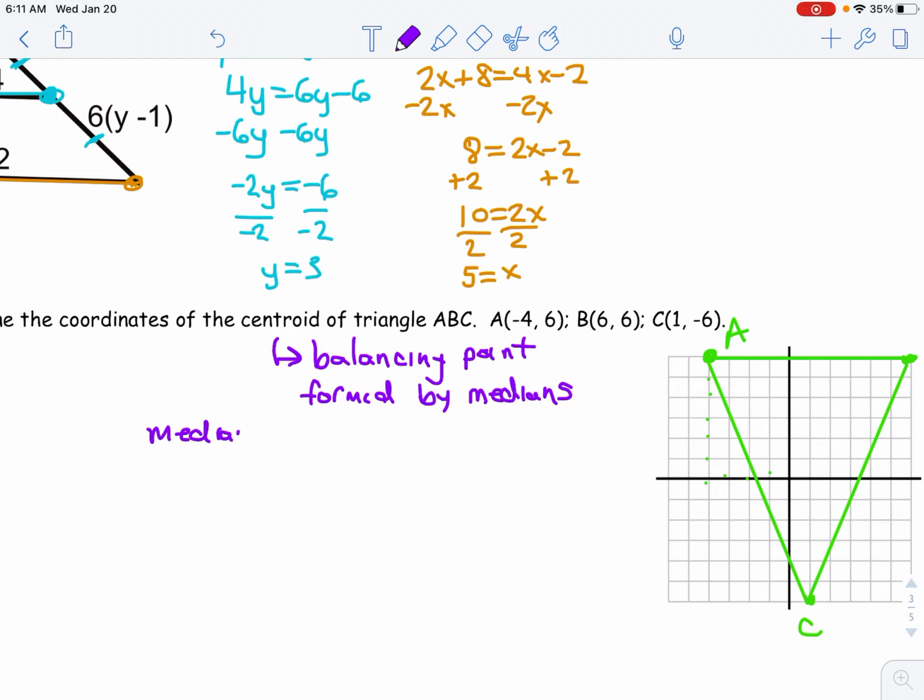Medians are segments that connect an angle to the opposite midpoint.